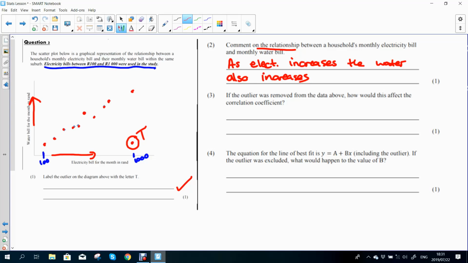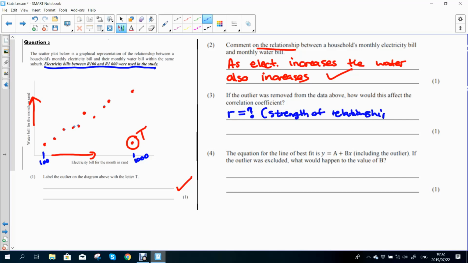Okay. Then it says, if the outlier was removed from the data above, how would this affect the correlation coefficient? Now, before you can answer that, you need to know, what does this give me? What is little r? Little r is the strength of the relationship.